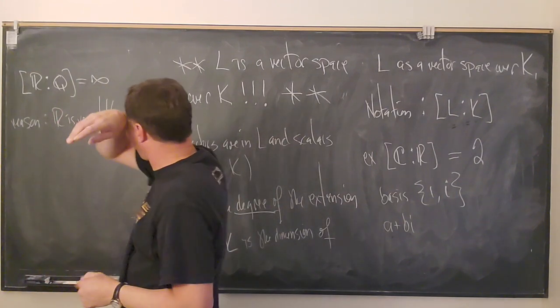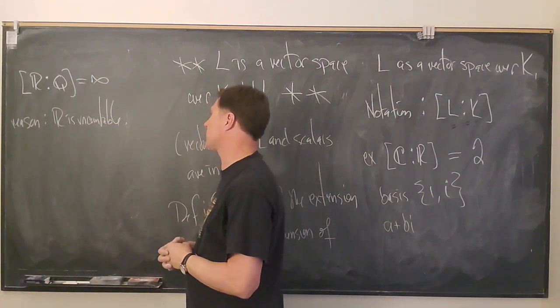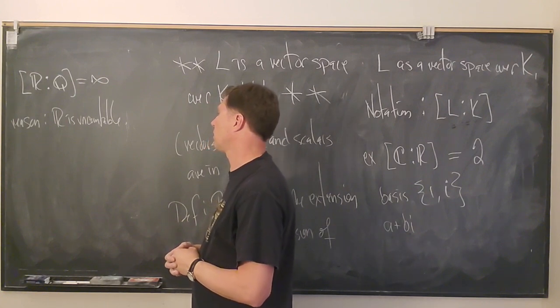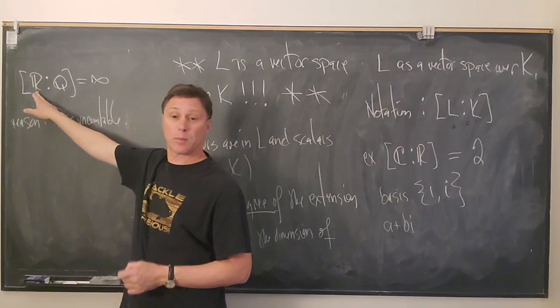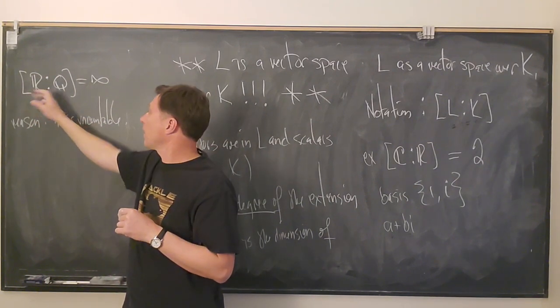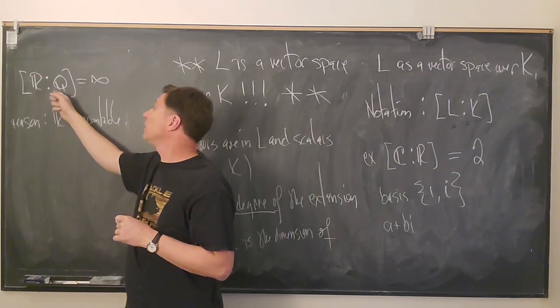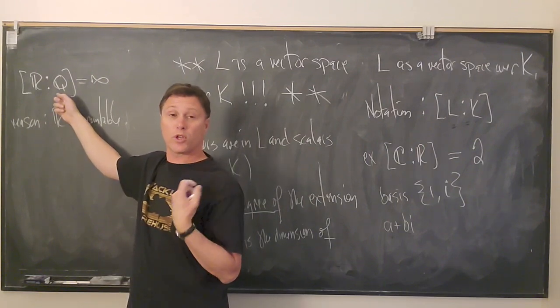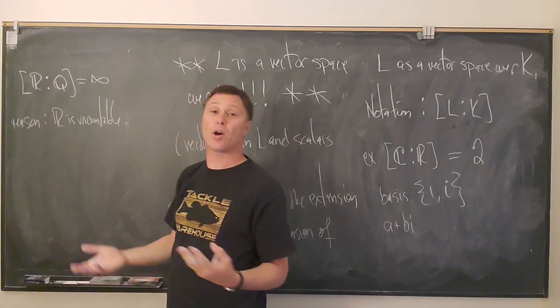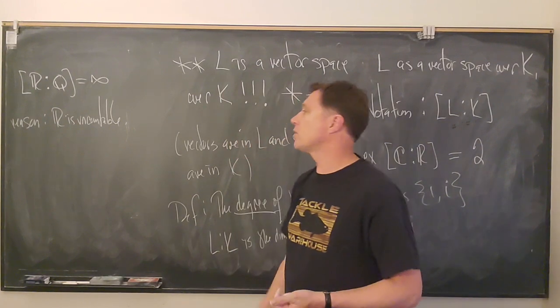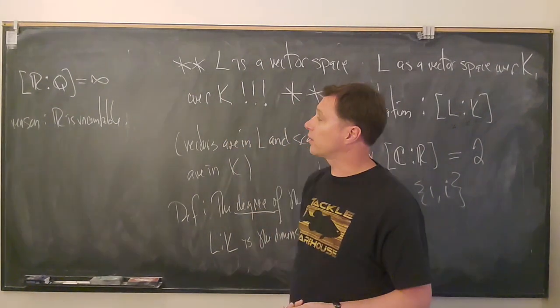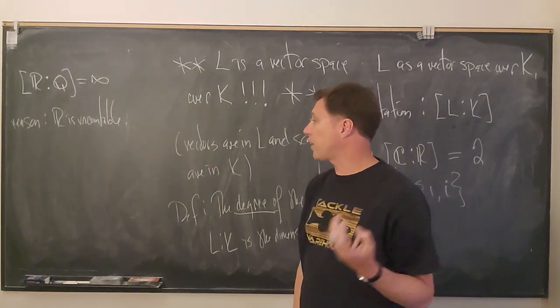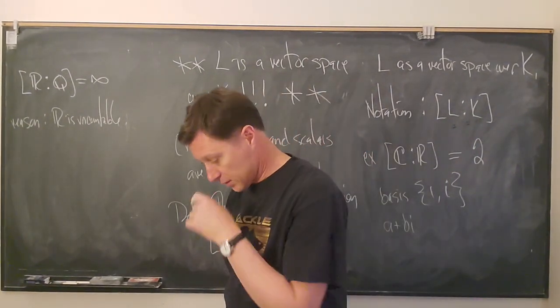If you try to come up with a finite basis, meaning take some finite number of real numbers and do all possible linear combinations where you use scalars in Q, that's always going to be a countable set. And so there's no way, using a finite basis, to produce every real number using linear combinations from Q, and so that tells us that the degree of this extension is infinite.